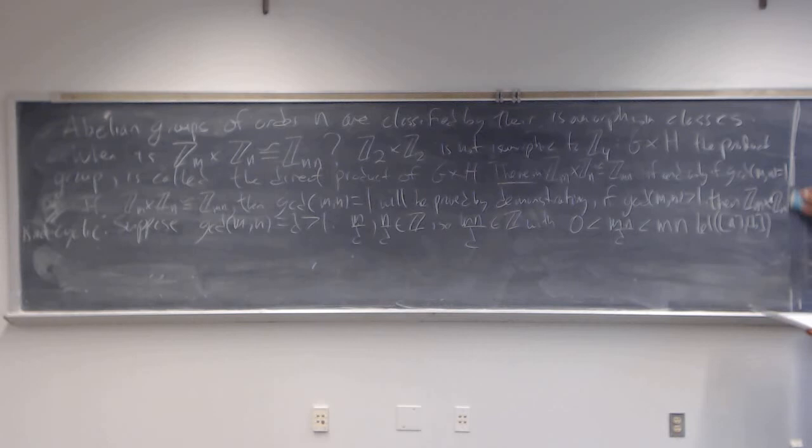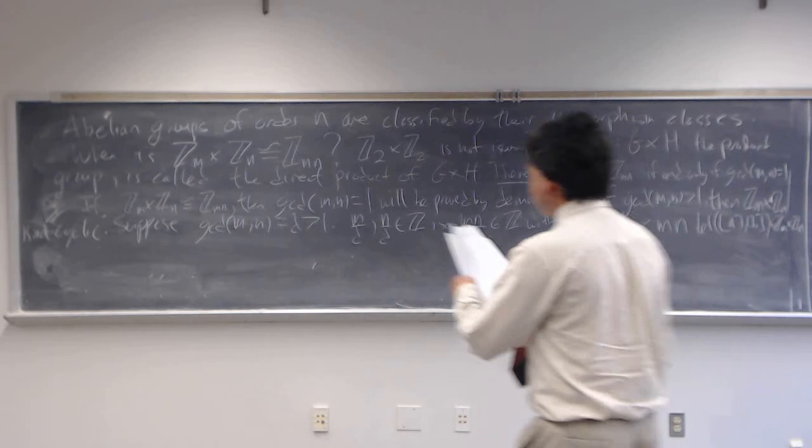So let this pair be in Zm cross Zn, so that equivalence class a is in Zm, and that equivalence class b is in Zn.